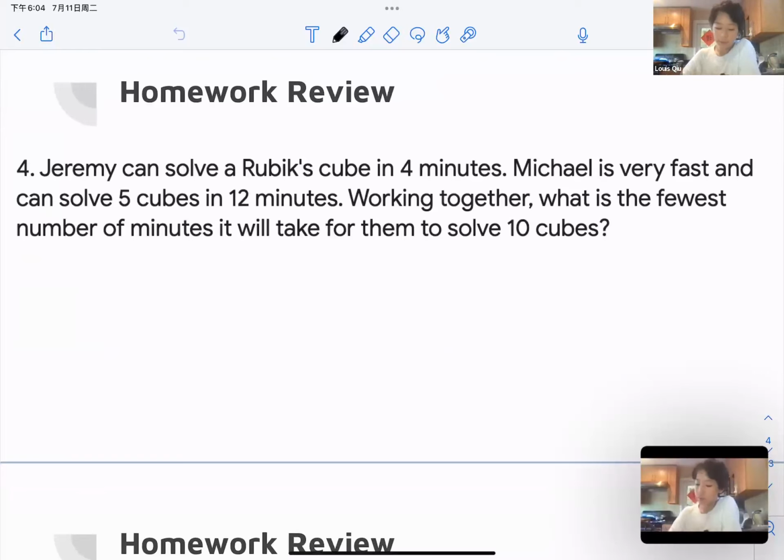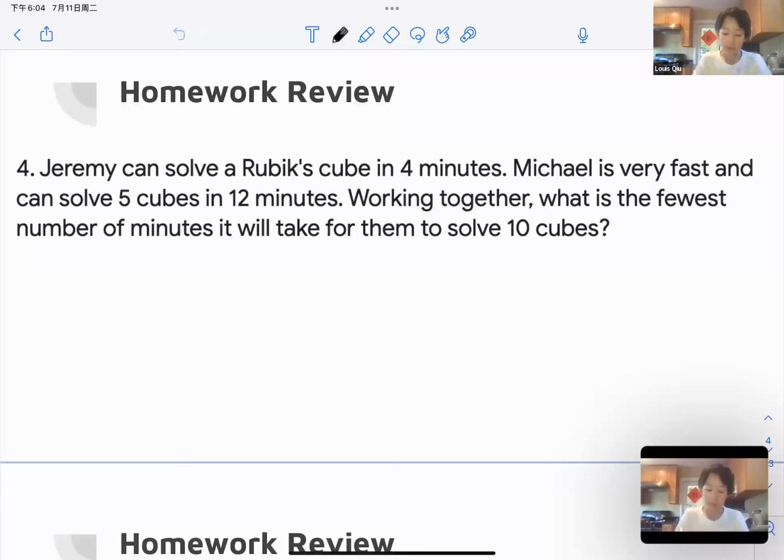For this problem, Jeremy can solve a Rubik's Cube in 4 minutes. Michael is very fast and can solve 5 cubes in 12 minutes. Working together, what is the fewest number of minutes it will take for them to solve 10 cubes?